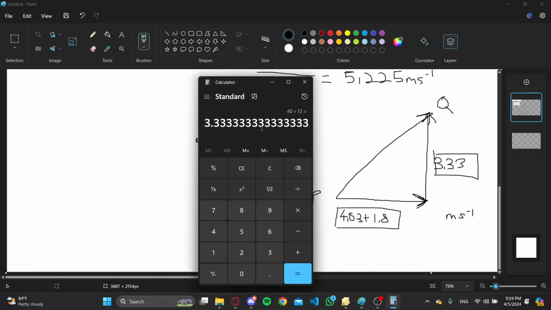Alright, so 4.03 plus 1.8 is this, and this squared is that, plus 3.33 squared. Is it doing it correctly? Yeah. This is 11.